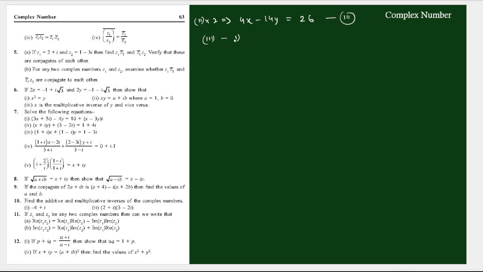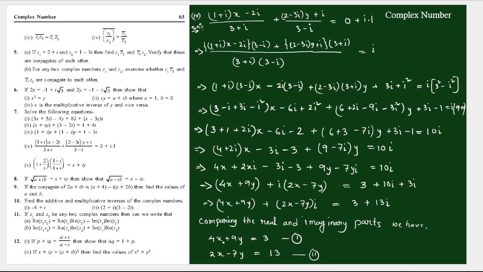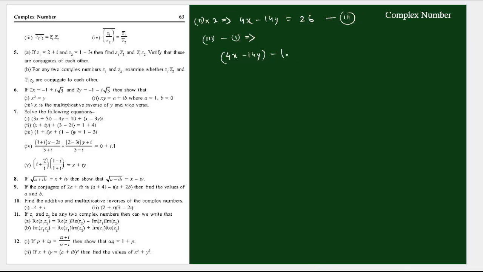3 minus 1. The 3 is how much? 4x minus 14y equal to 26, minus, what is our equation 1? 4x plus 9y equal to 3.